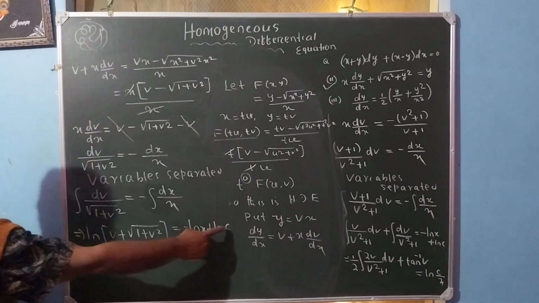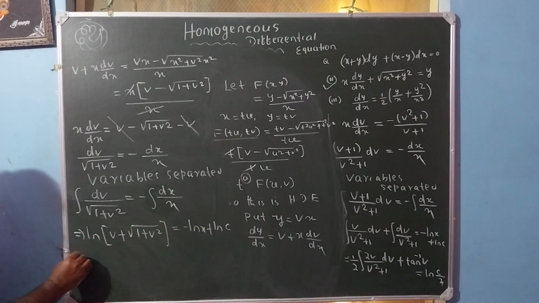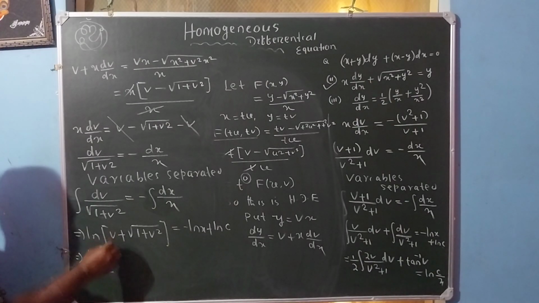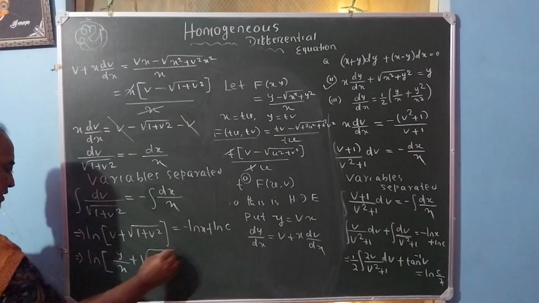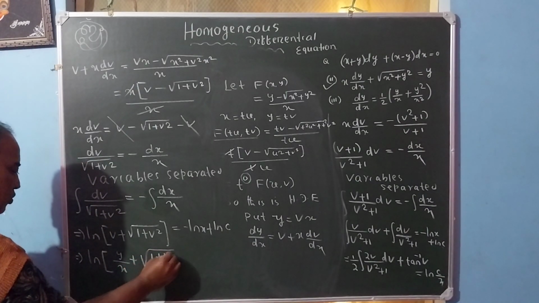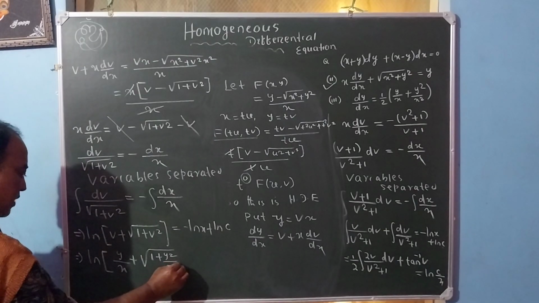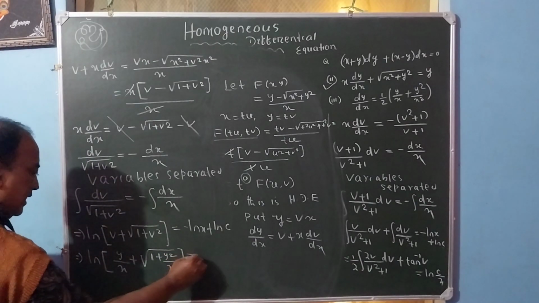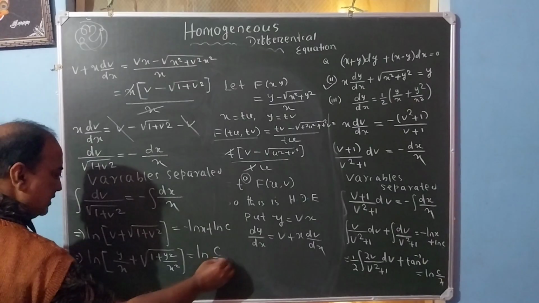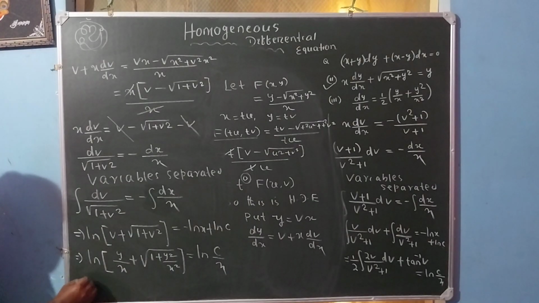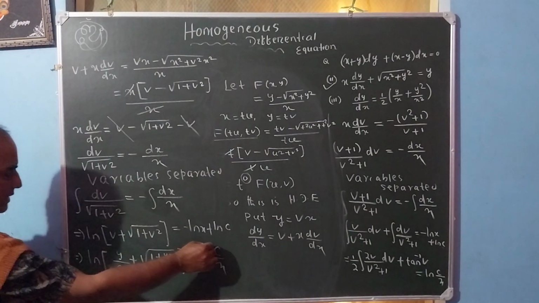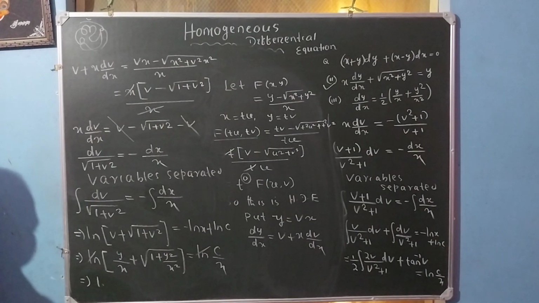Now ln a minus ln b. Here we get ln of v plus root of 1 plus v square, and in place of v we put y by x. Here it is 1 plus y square by x square, is equal to ln c by x. Simplifying, ln and ln cancel on both sides.